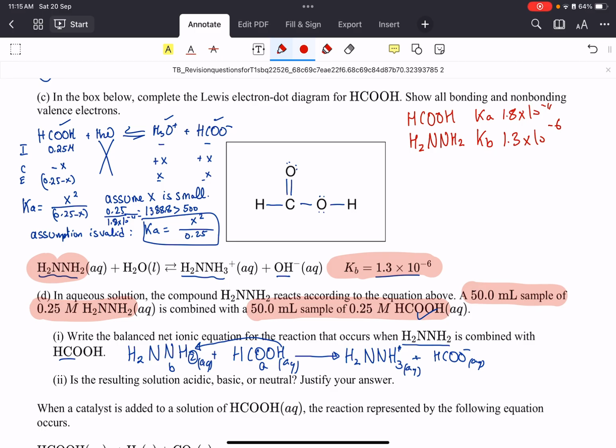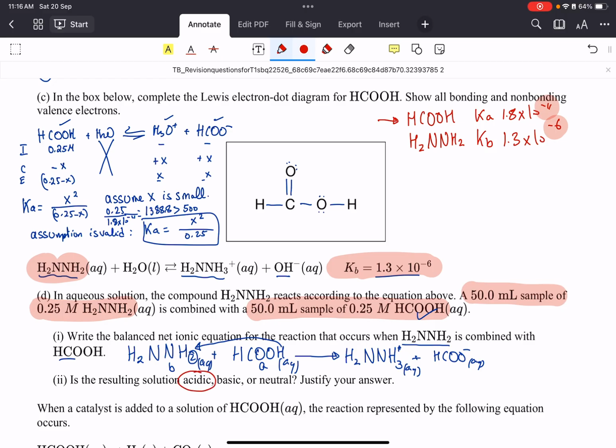Here I have negative 4 and here I have negative 6. So definitely the acid is stronger than this base. So the correct answer here would be the resulting solution is acidic.